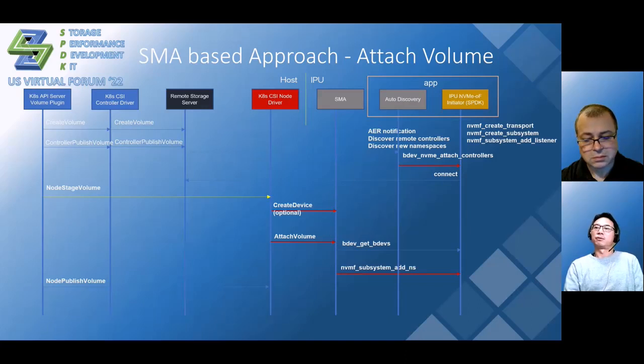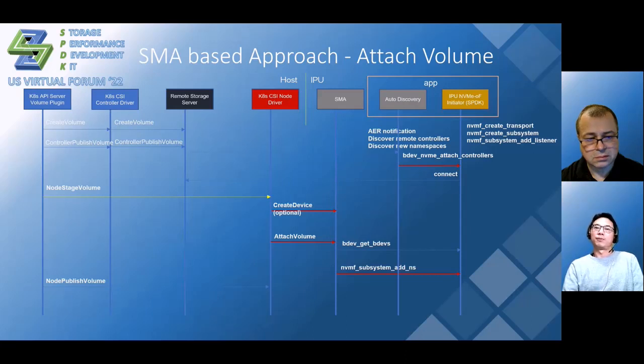For example, figuring out whether I have a bdev ready, then attaching that namespace to the subsystem, calling into the IPU to configure VFs, and attaching the namespace to the VF. All the low-level details can be done inside SMA without exposure to the CSI driver. So this really simplifies the integration.